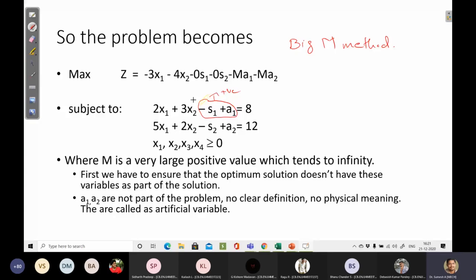Okay. So this problem we will be solving with the help of the Big M method.